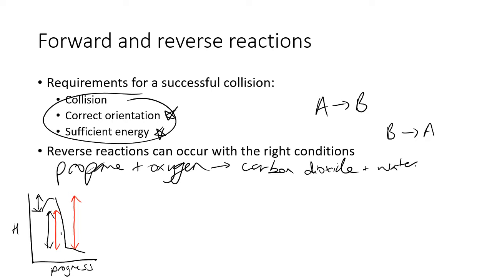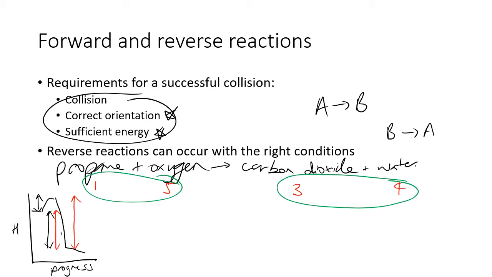All right. So the amount of sufficient energy from A to B to A for this particular reaction is very different. All right. And if you're thinking about the correct orientation as well, for this one you need 1 propane, 5 oxygens to react, and those 5 oxygens got to crash into the propane. And the carbon dioxide, you're going to have 3 carbon dioxides and 4 waters. Right? This particular collision is much more likely to occur than this collision with the correct orientation.